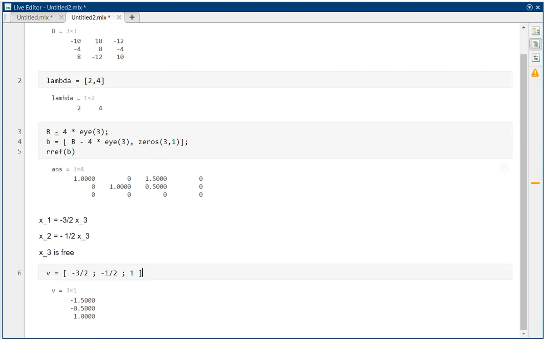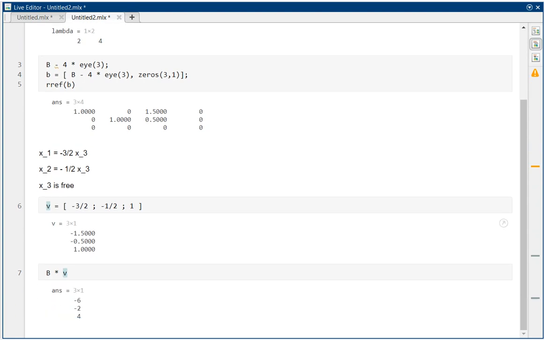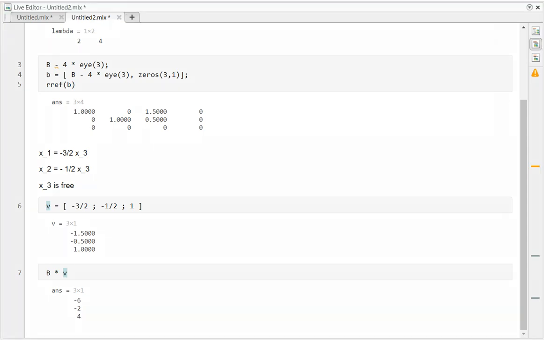How am I going to tell if it's an eigenvector? Well, I multiply: I take B times v, boom. And we notice that it is in fact a multiple. If I take 4 times 1.5, I get 6. So negative 1.5 times 4 is negative 6. I take a half times 4, that's 2, and it was negative, so it's still negative.